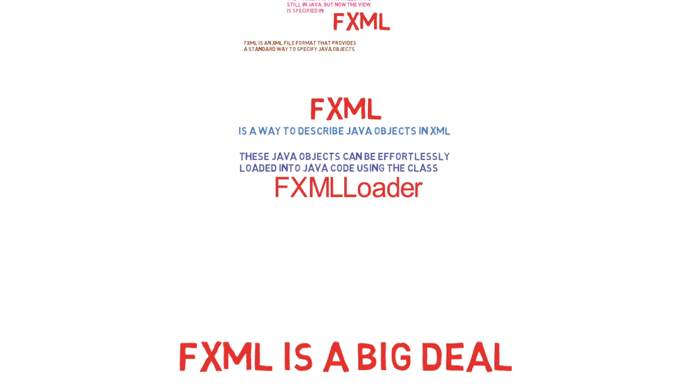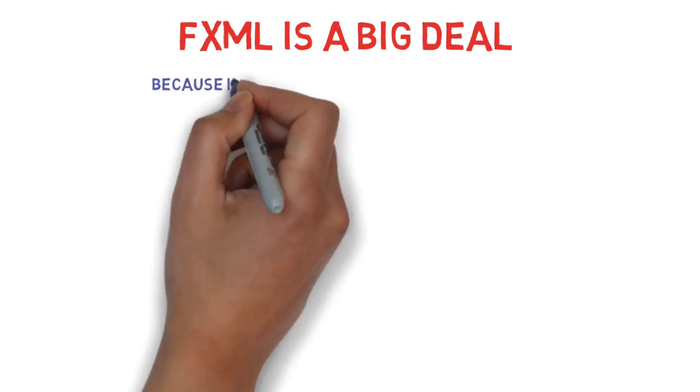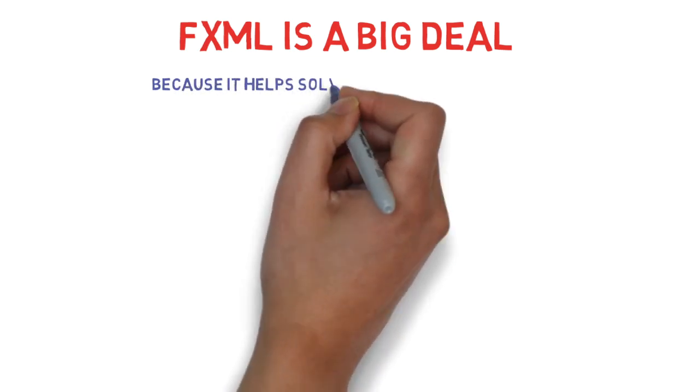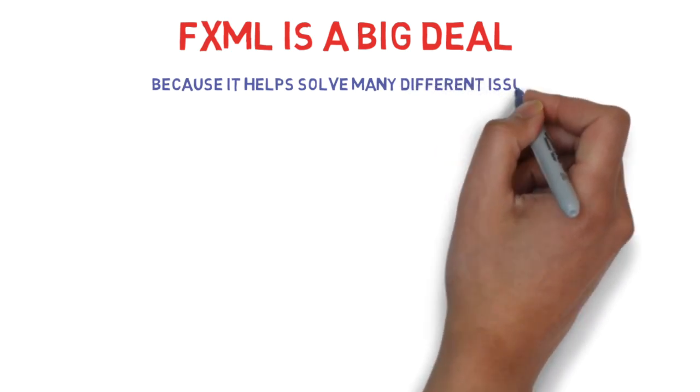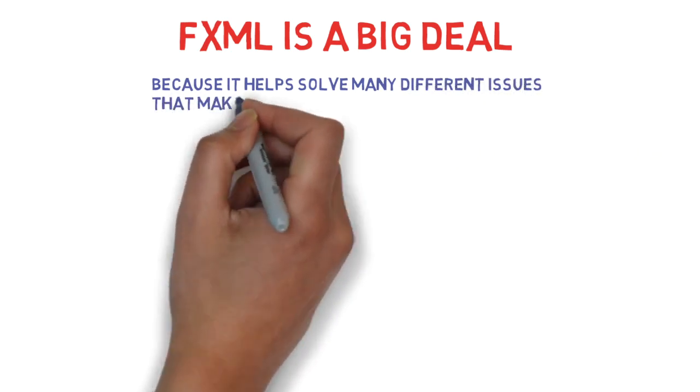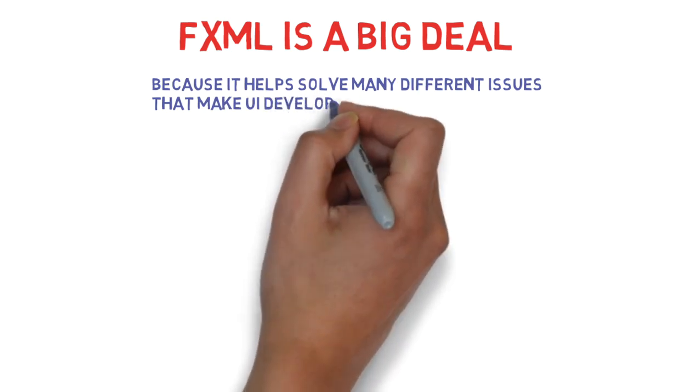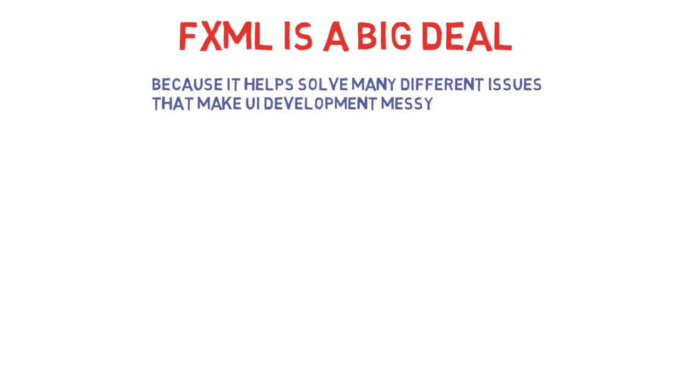FXML is a big deal, and it has a whole host of advantages which we'll take a look at shortly. Let's see why. Now, if you've ever written any UI code, you'll know that UI development generally tends to be very messy. There are a whole bunch of moving components on the model, view, and the controller.